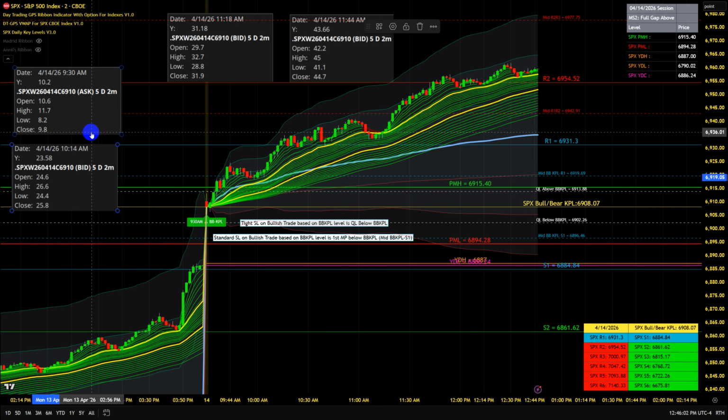Okay, so the ask on the candle close of the 9:30 a.m. 2-minute candle, $9.80, on one call option. These are 0-DTEs, by the way, so this is a 4/14 expiration. As I said earlier, you can use either 0-DTEs or 1-DTEs as you are opening and closing these positions all in the same session.